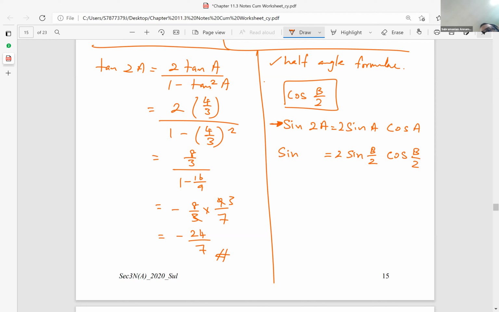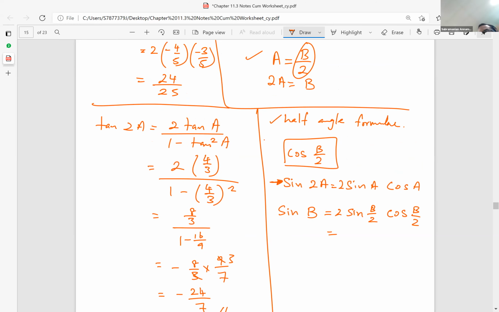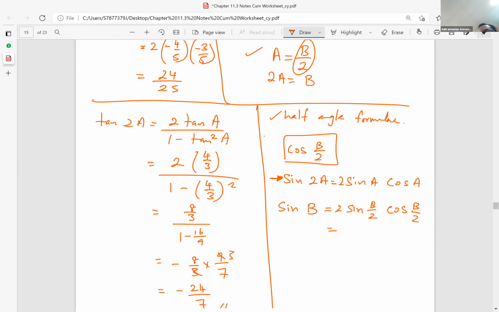Sine, this will become B over 2. But it's not going to help me. Wait, just let me see whether I can use any other identities. Yeah, I'm missing something.